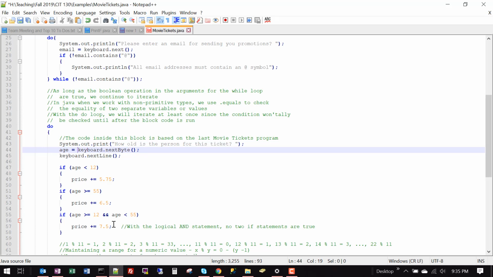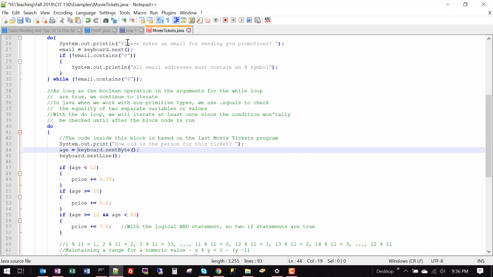So what we would be doing is taking the number off the keyboard as a byte, or an 8-bit integer. 8-bit integers can go only as high as 127, and so we might do that because, oh, nobody's going to be over 127 years old, and it'll prevent them from accidentally typing in some age way older than that. So that might be a good thing.